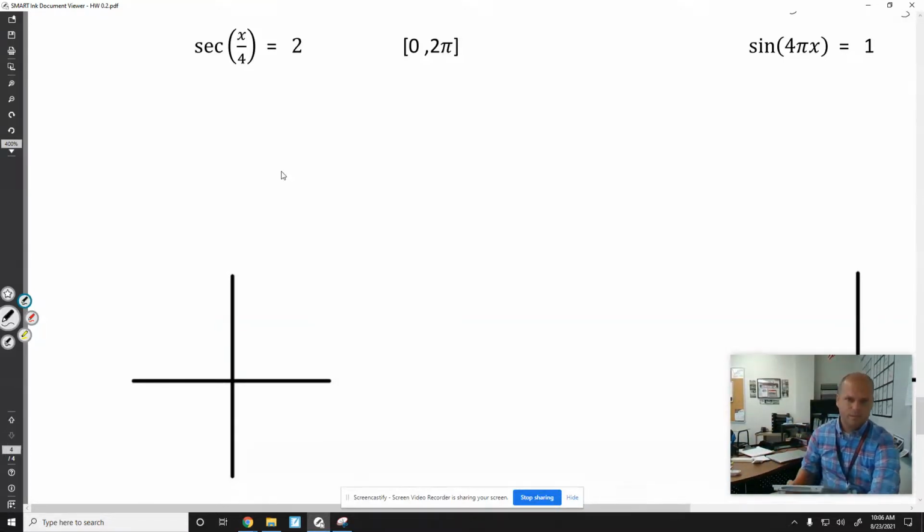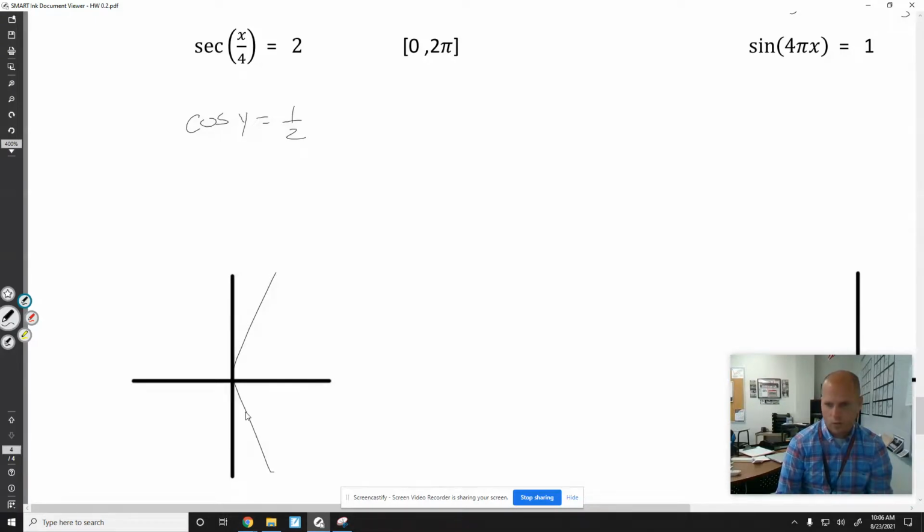I can do this. All right, secant equal to 2. Change it to cosine. Cosine equal to 1/2. I'm going to breeze through the beginning parts. Cosine equal to 1/2. Tall in the first and the fourth. What are those angles? Pi over 3. 5 pi over 3. It's 1 pi over 3 less than 6 pi over 3. What am I looking for? X, though.